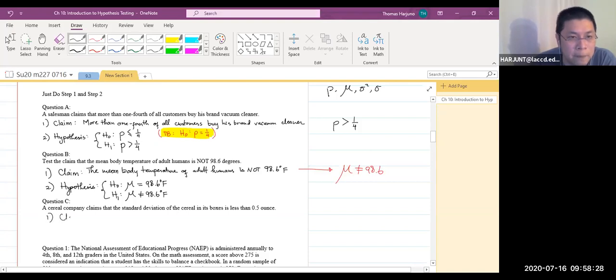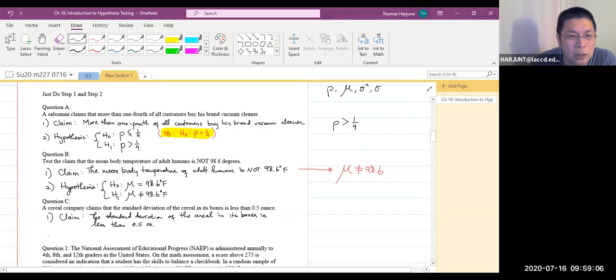Part C, claim. A cereal company claims that the standard deviation of the cereal in each box is less than 0.5 ounces.